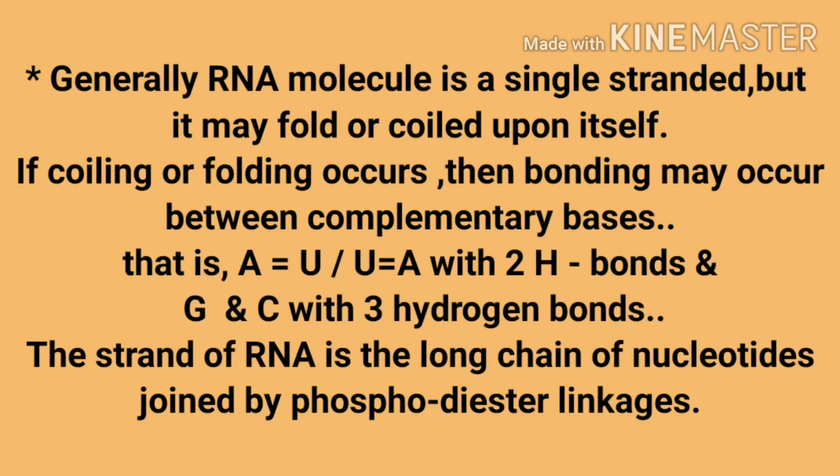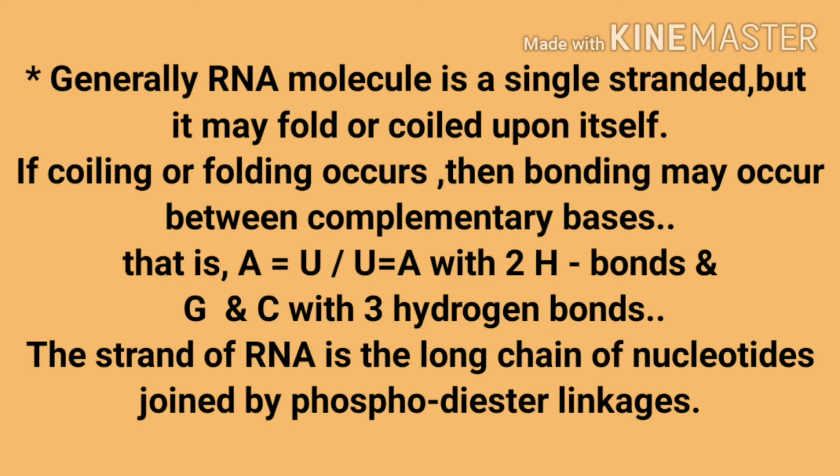As we have discussed earlier that generally RNA molecule is single stranded, but they may fold or coil upon itself to form a double stranded region randomly. If coiling or folding occurs, then bonding may occur between complementary bases.